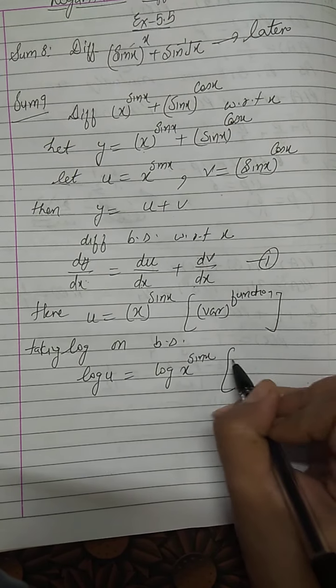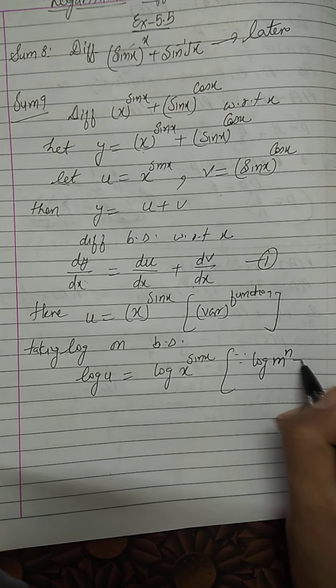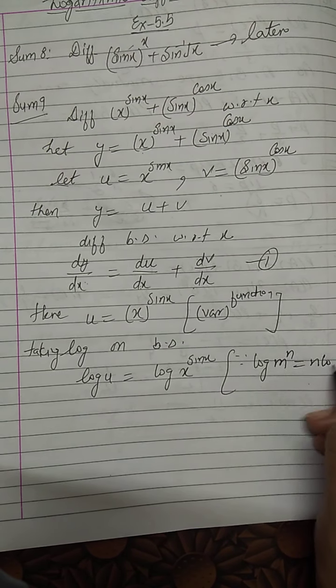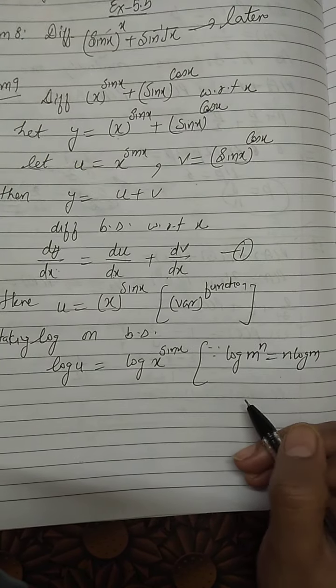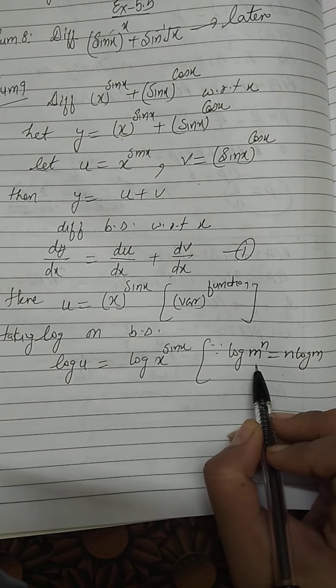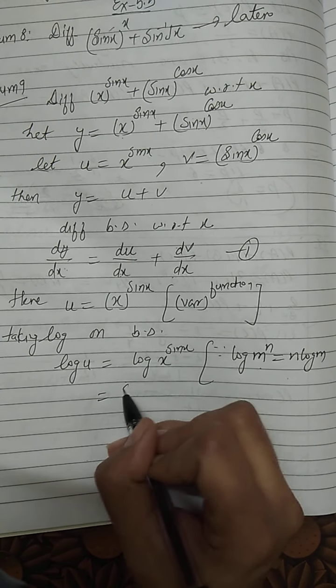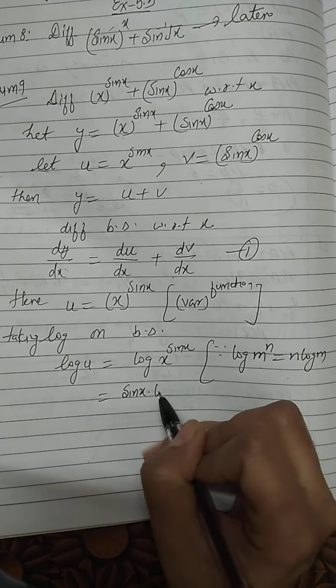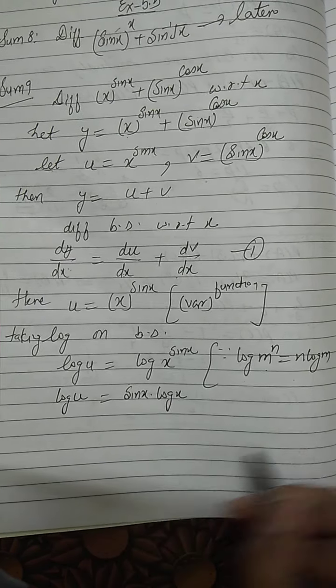Now we have this formula: log m raised to power n equals n log m, the power comes in front. So when I apply this rule, the power sine x will come in front. So we get sine x into log x. The left hand side is the same, log u.